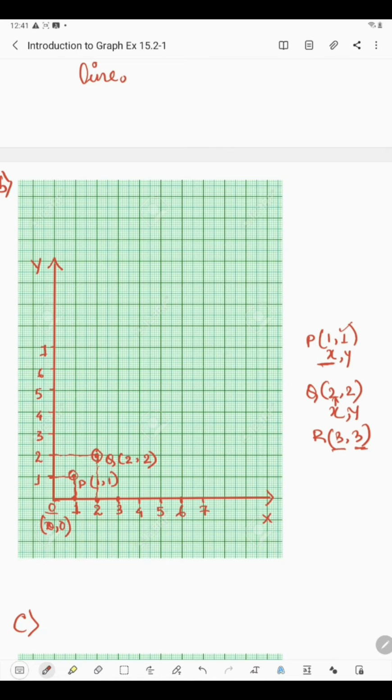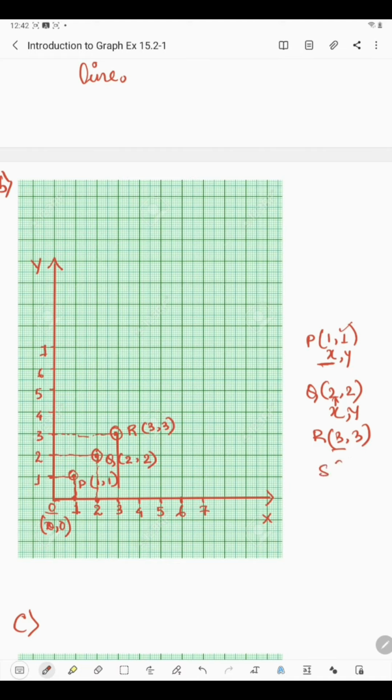Now 1, 2, here is 3. If you draw a line here, and from the x-axis also draw a line, you see both lines meet over here. So this is point R, which is 3, 3.